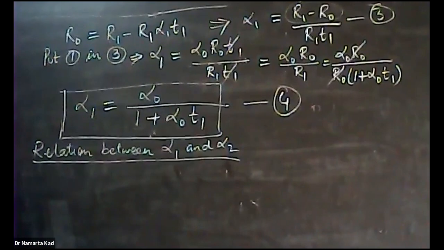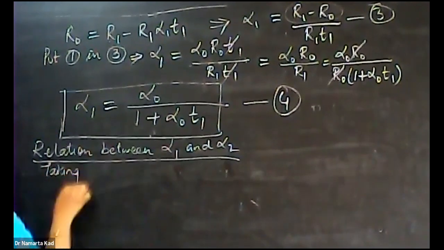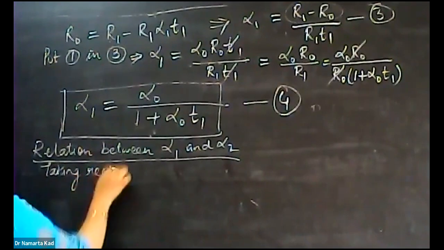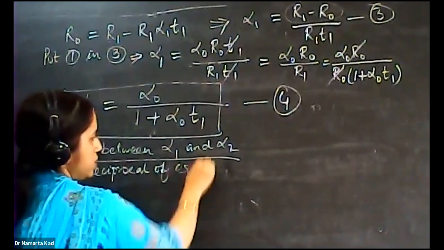For this derivation, that is the relation between alpha 1 and alpha 2, the first step is taking the reciprocal of equation number 4.